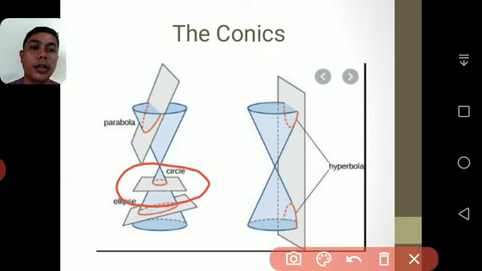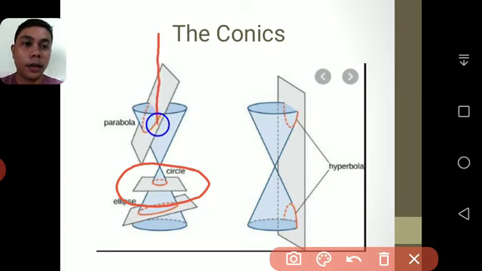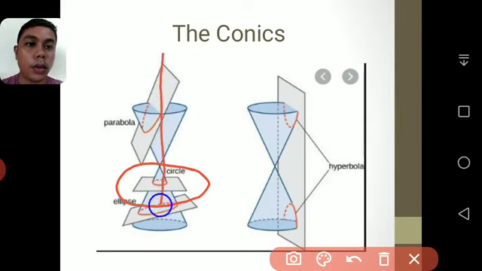The altitude is actually an imaginary line that passes through the vertex. The vertex is the intersection of those two cones. It is an imaginary line that is directly passing through the cone.